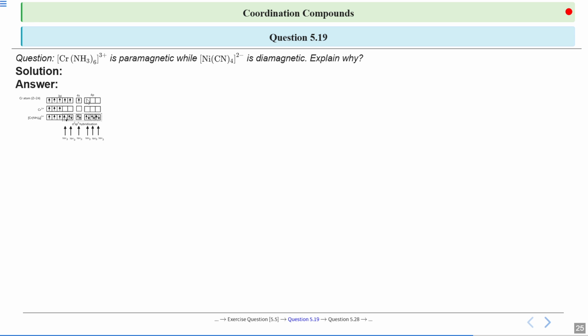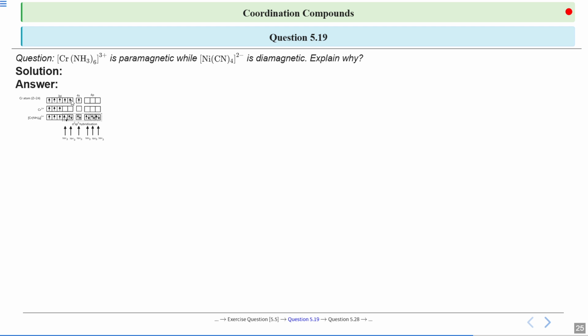You can see we have 5 single electrons present in the 3d orbital and 1 electron in the 4s orbital. Now, chromium has a +3 oxidation state here because ammonia is a neutral ligand, so the overall charge on the complex becomes the oxidation state of chromium. So chromium 3+ means 3 electrons will be lost by it: 1 from the 4s and 2 from the 3d.